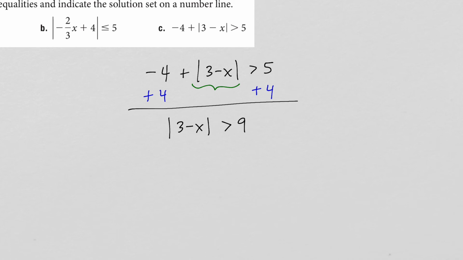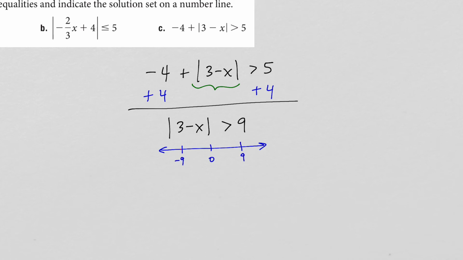So let's draw a number line. Whatever's inside the absolute value, we'll just think of that as some number. And we're saying that whatever this number is, its distance from 0 is more than 9 units away. So here's 0, here's positive 9 and negative 9.